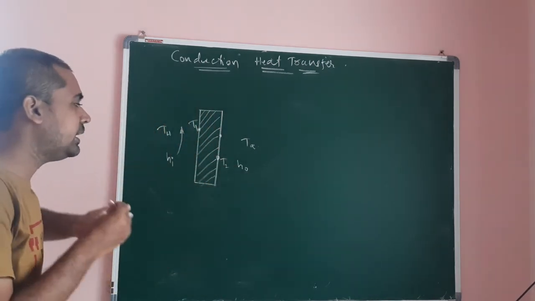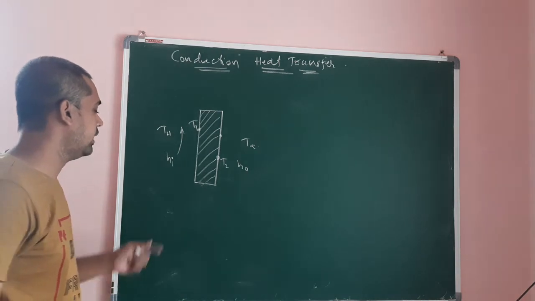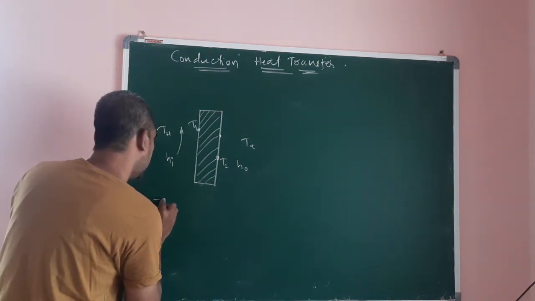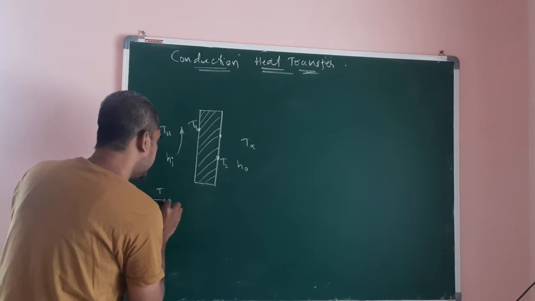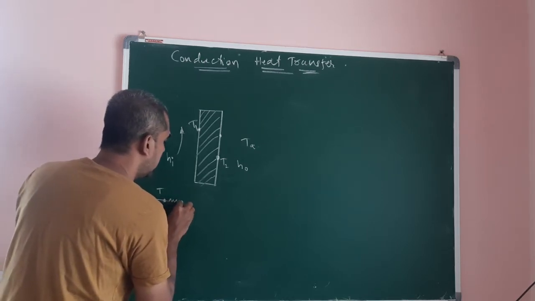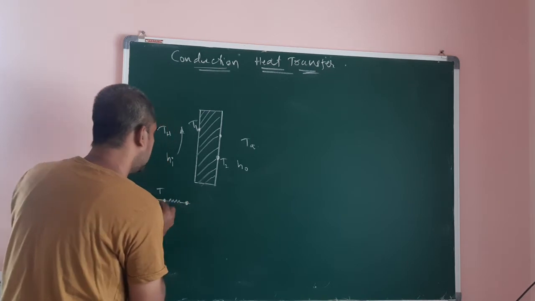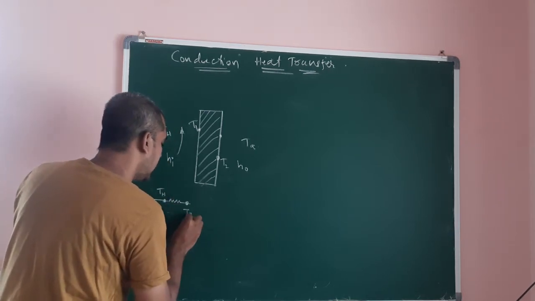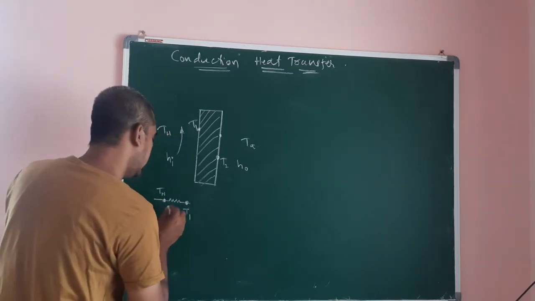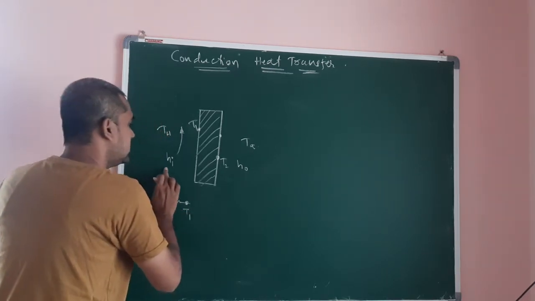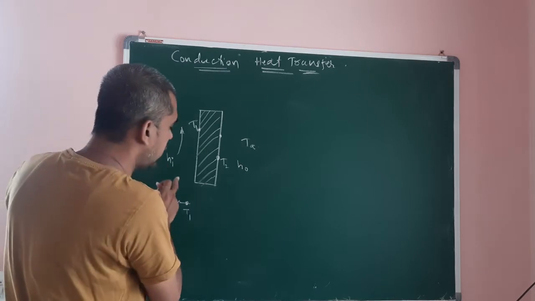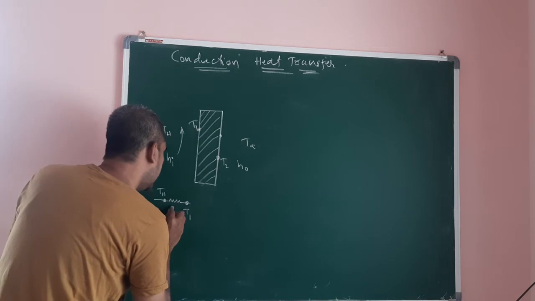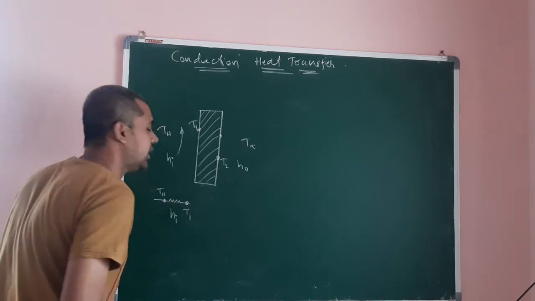If I write its electrical analogy, there is a temperature TH here, and there is a resistance due to the convection, and after that resistance there will be a drop in temperature, and the temperature of the inside wall is T1. The heat transfer from the inside air to the wall has a convection heat transfer coefficient hi.